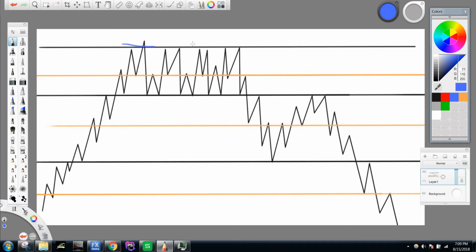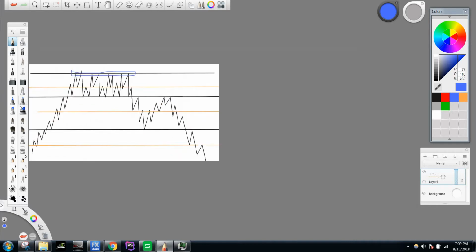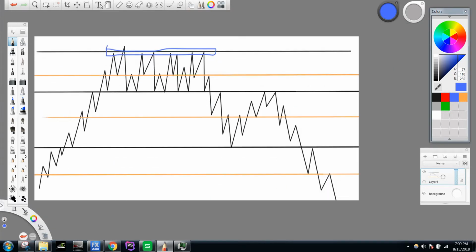So all the trades that we would take inside of here, I wish that there was geometry. I know there's this rectangle thing. Alright, so yeah, I could use that. So any trade that would be taken off of the consolidation zone, which is just this area, I would say that it's a consolidation trade.